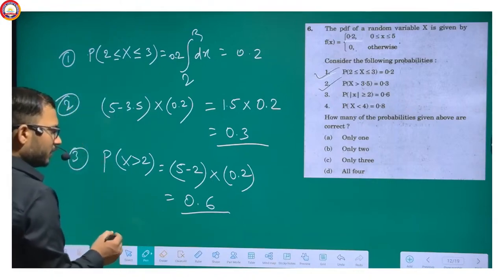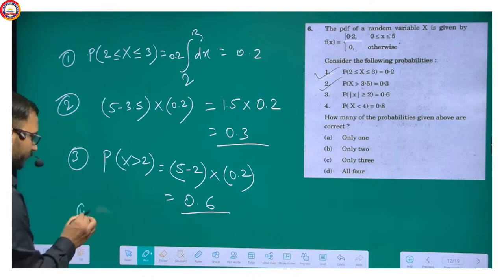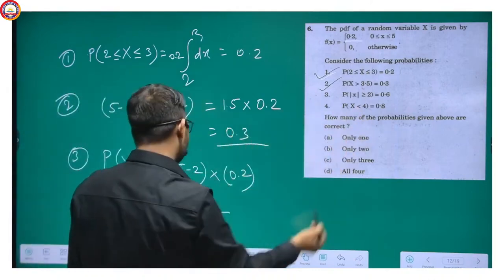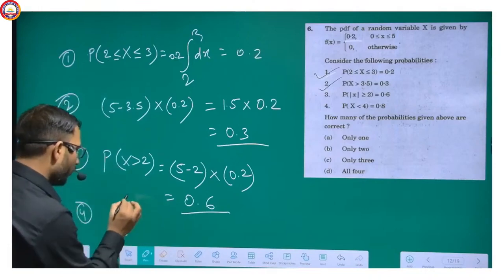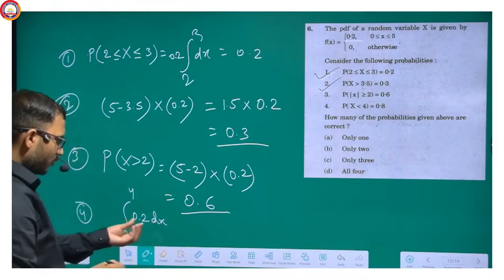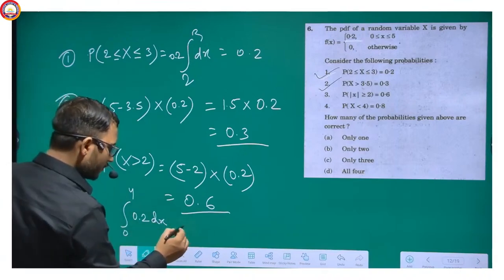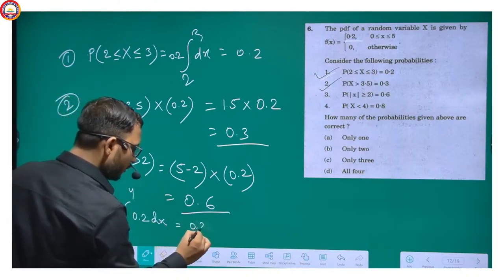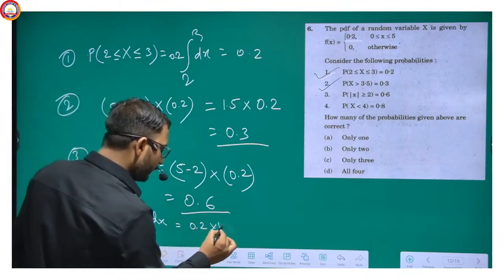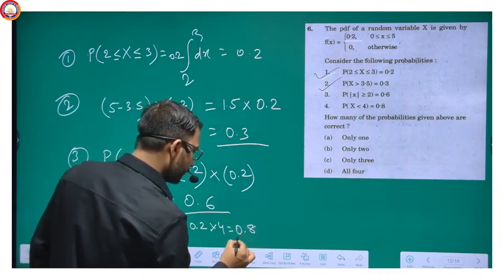Now next is the fourth one. This is also true. We have to integrate from 0 to 4, 0.2 dx, and 0.2 comes outside. So this will be 0.2 into x, and x will take values 4 and 0, so this will be 4, and so this will be 0.8.